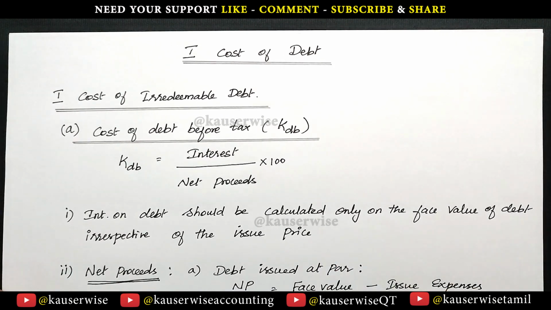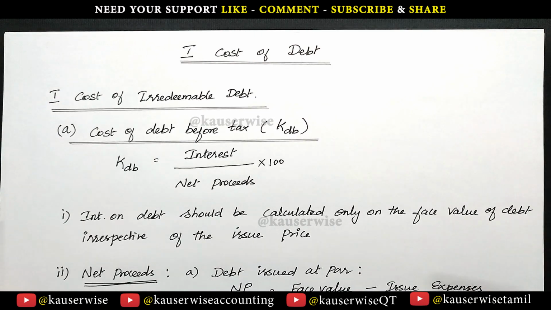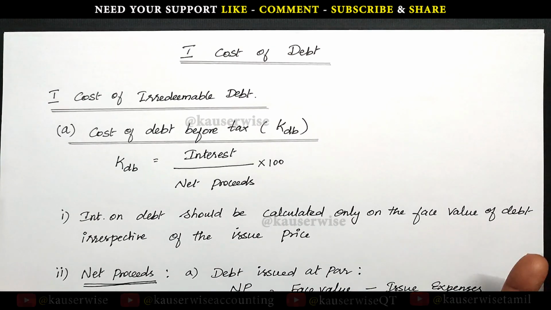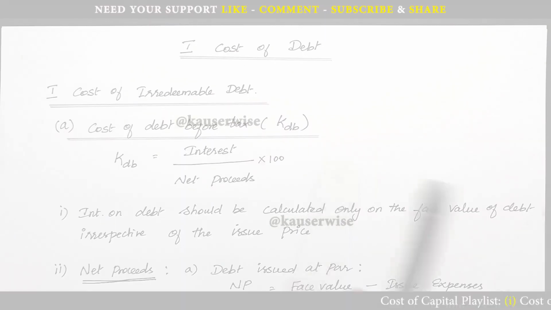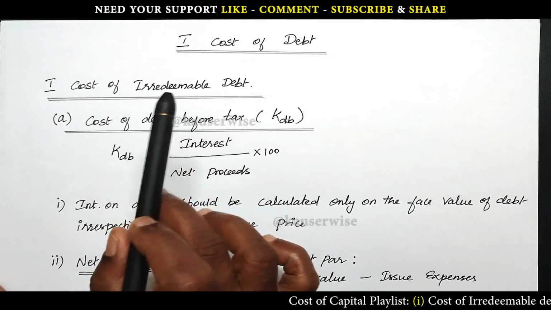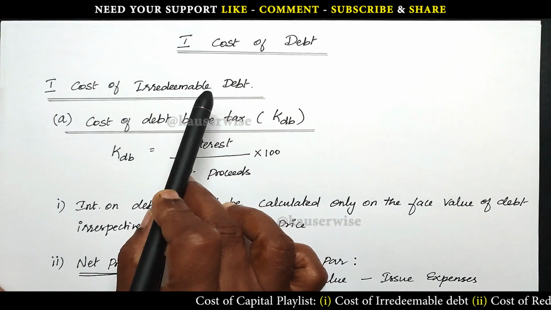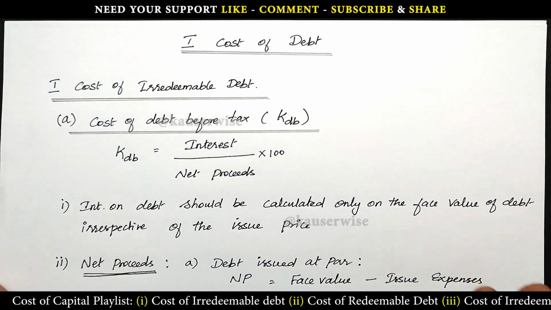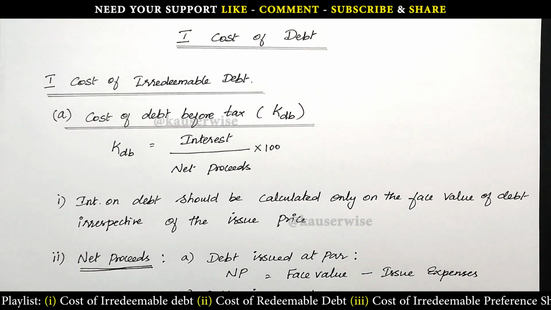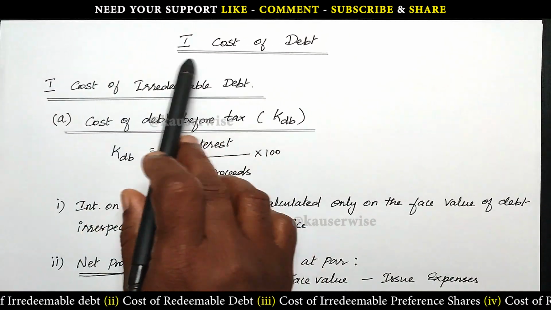For example, after 5 years you have to repay that amount, or after 7 years, or after 10 years. Such debt is called redeemable debt. Here we first find out the cost of irredeemable debt.